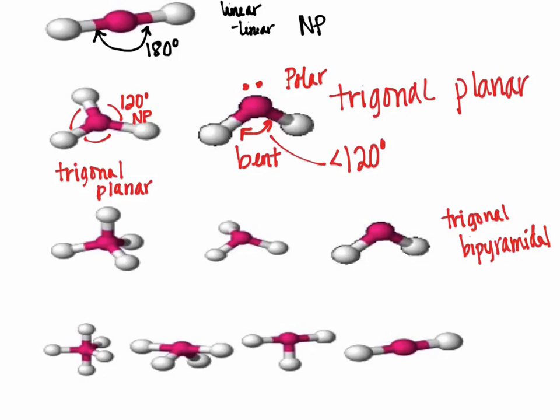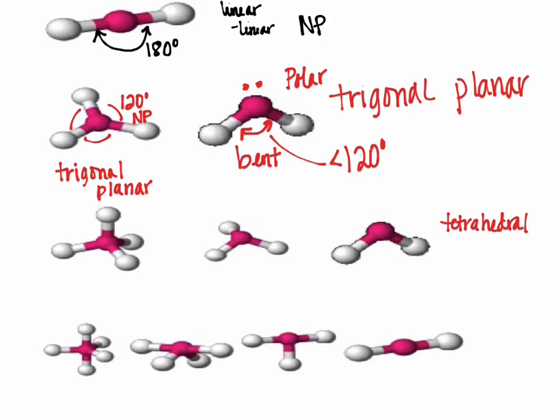Oh, sorry, no, oh my gosh, I skipped one. Not trigonal bipyramidal. Tetrahedral. I skipped ahead. So this whole family is tetrahedral, and there are three different types of geometries in it.